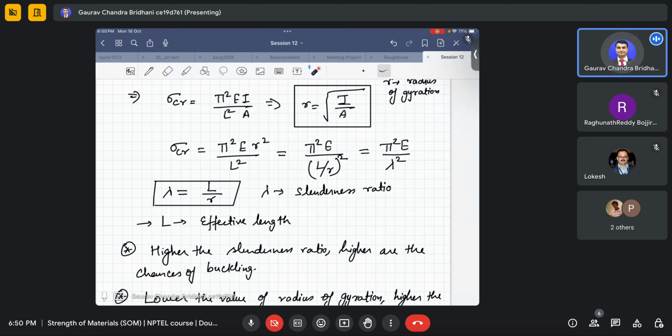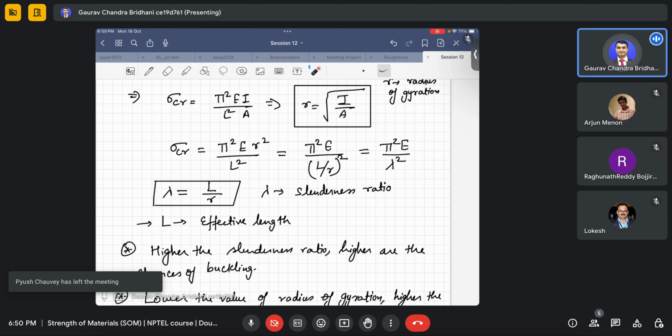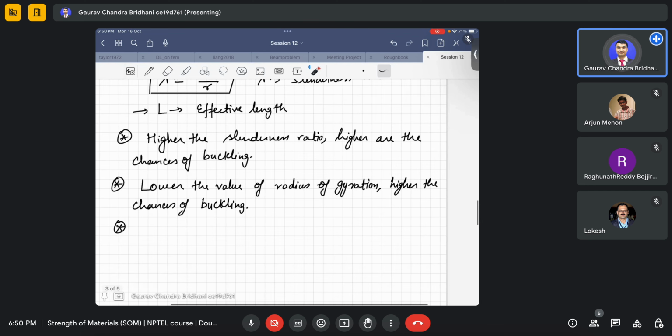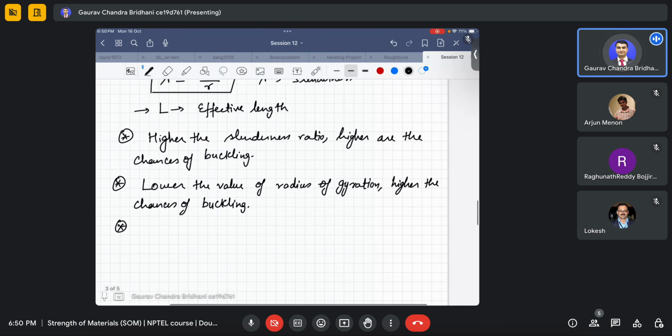The cross section area of the rectangular section remains the same, A remains the same, but IZZ and IYY have different values. That means again there is a relationship between r and I. As I have said, for r being lesser, the chances are higher for buckling. That means the axis about which I is less will have higher chance. In that direction only it will buckle.